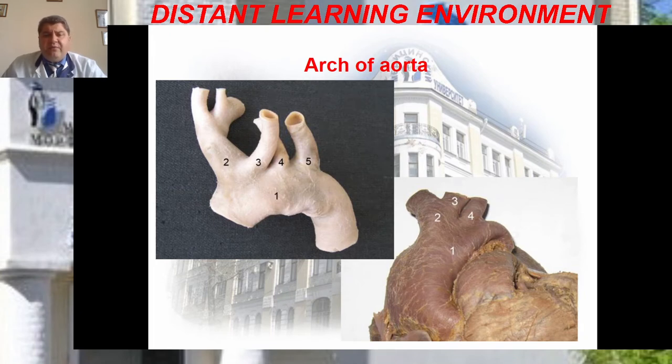It starts from aortic arch like here. And also you may see on aortic preparations here that vertebral artery starts also from aortic arch on the right side.